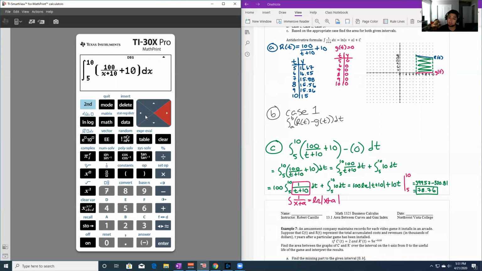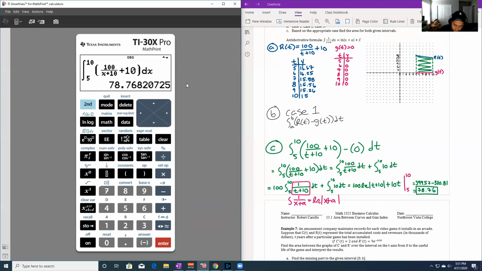And now, to make our lives a lot easier, I hit enter, and guess what we're going to get? 78.76. Or maybe even here is 78.77, and I'll trust this one more, 78.77. So that's what we can have here, 78.77.